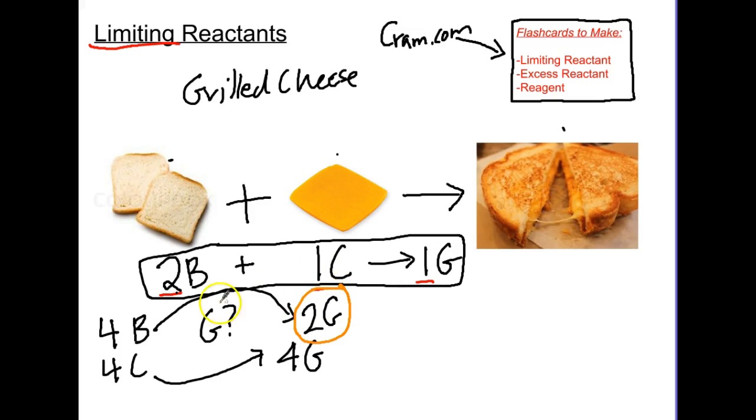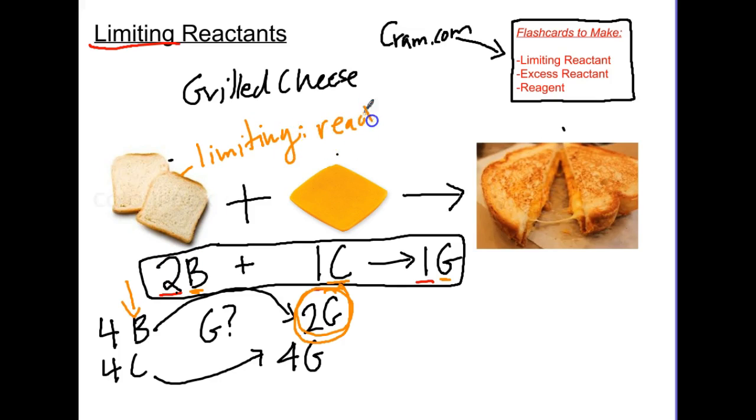So out of the reactants that you started with, bread and cheese, okay, one of them is limiting the amount of product, grilled cheeses in this case, that you can make. What is that limiting material, the limiting reactant? In this case, it's the bread. So the bread is our limiting reactant. And so how would we define it?